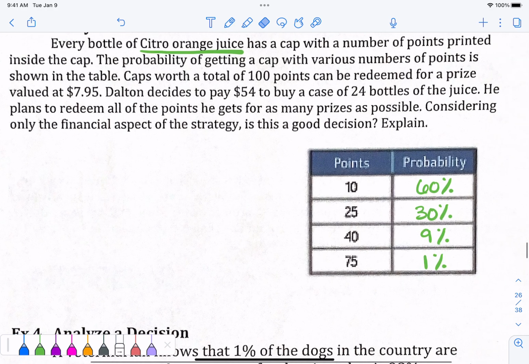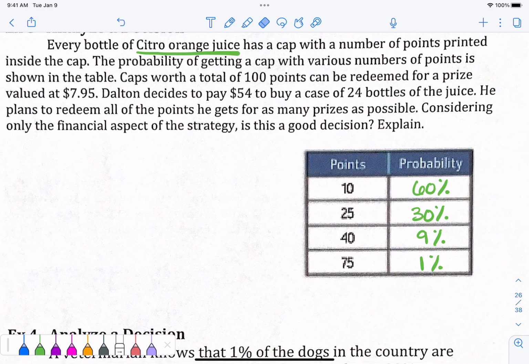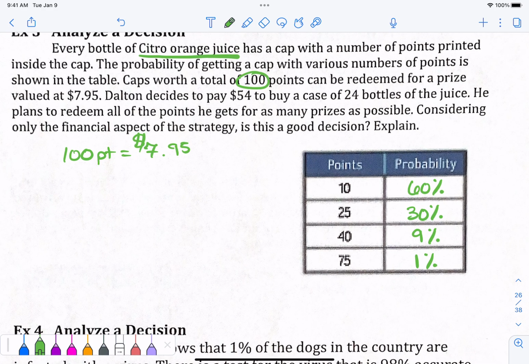So here's the deal. We have a guy, and they tell you that as soon as you hit 100 points, you rack up these points and save all these bottle caps, and as soon as you hit 100 points, you can cash it in for $7.95, baby. Look at that. Woo! That'll buy you like one more pop probably, right? That's exciting. So 100 points gives you about $8.